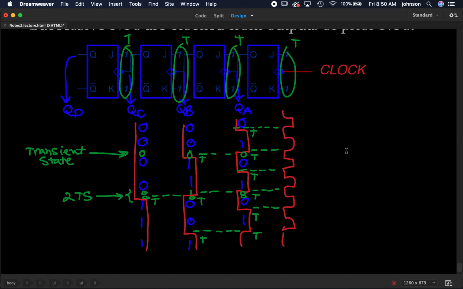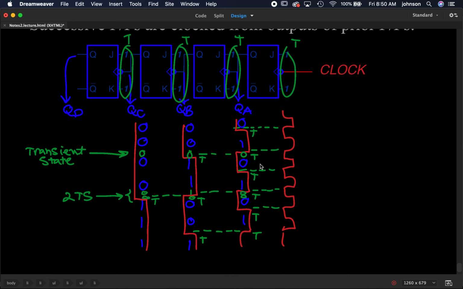So here's the picture of this. Again, I'm drawing the clock going up and down so I can illustrate the operation. The count values are going to be in blue: 0, 1, 2, 3, 4, 5, 6, and 7. What we're going to illustrate here is that as it counts through the blue stages, in between certain blue counts, I'm going to have a transient state.